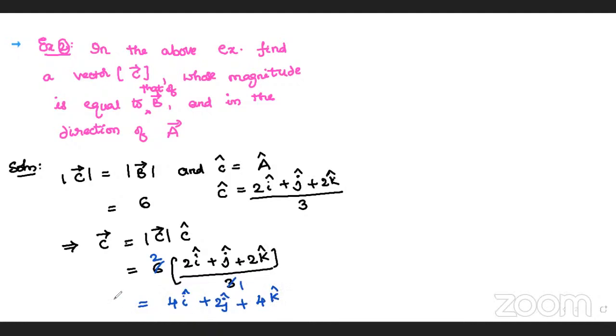Upon 1 no need to write. So this is finally C bar. This is the way to find the third vector whose magnitude is equal to that of one vector, in the direction of the second vector.